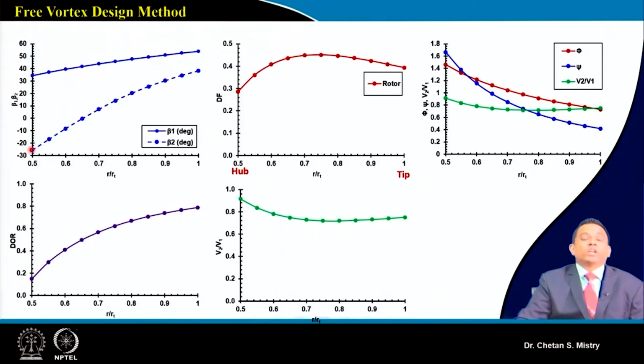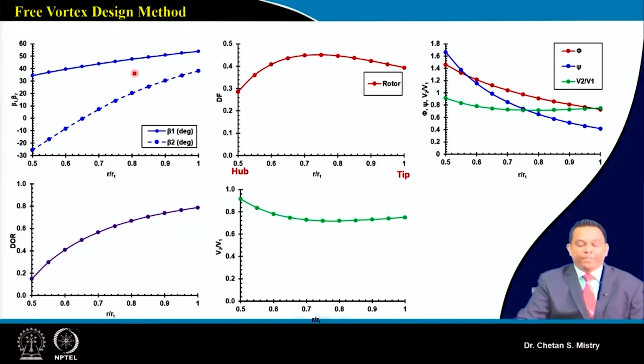But my beta 2 is a function of my Cw2, and that's the reason near the hub region I have my delta beta large, and near the tip region my delta beta is reduced. This is nothing but the twist of my blade. So when we have this free vortex design, we have a highly twisted blade.